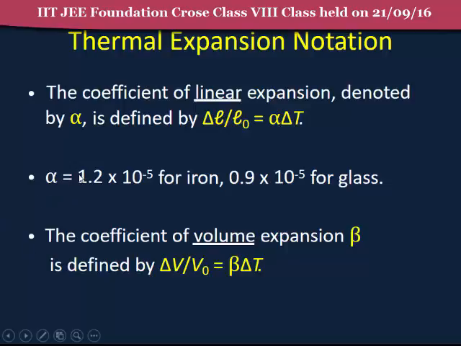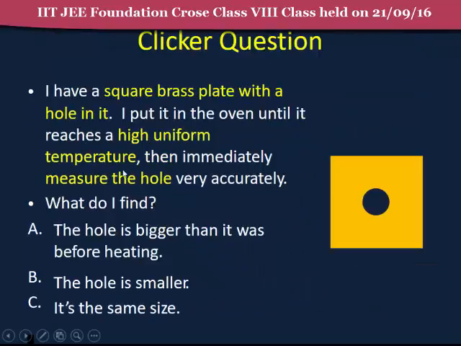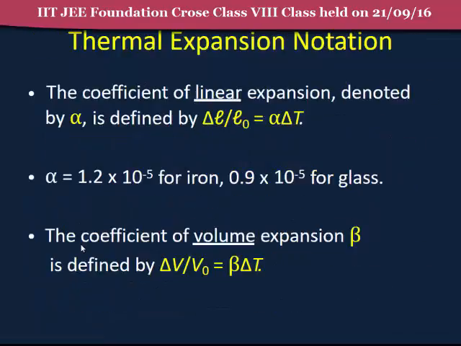The cofactor of the indices of 10 to the power minus 5 is around less than 2, it is 1.2, above 2. For glass it is 0.9, and for iron it is 1.2. So what is the coefficient of linear expansion?